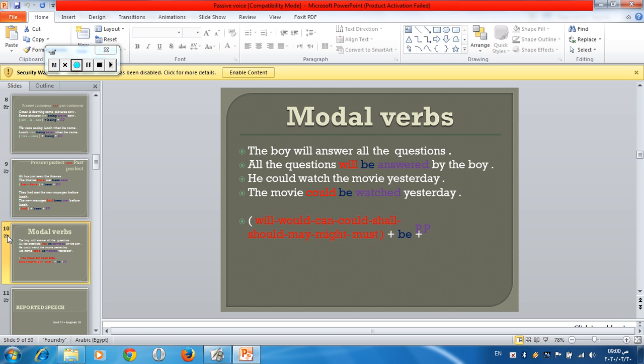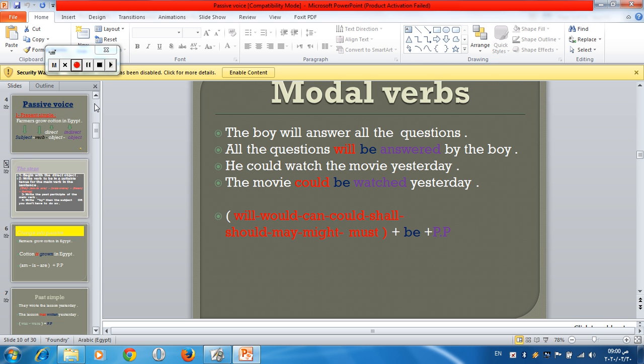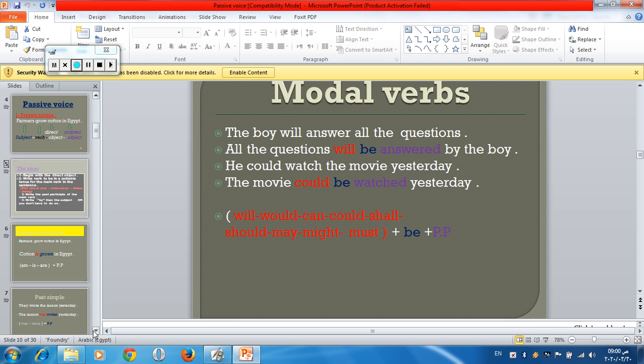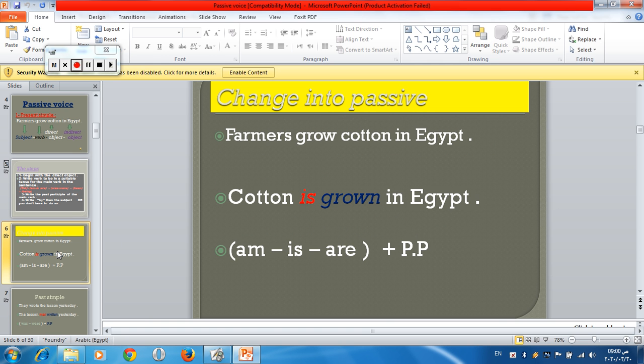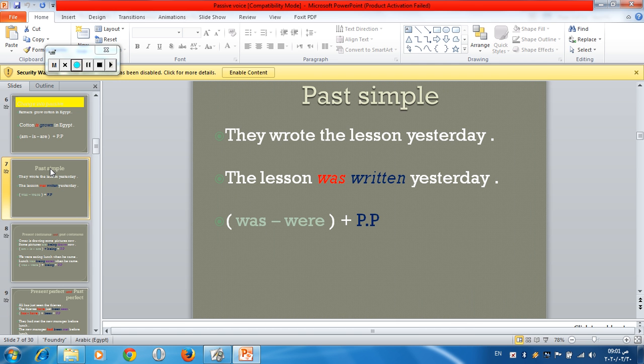So here we came to the end of our lesson for today. I want you to remember again what we said. For example, I started with the present simple, as I told you. Farmers grow cotton in Egypt. So cotton is grown in Egypt: am, is, are plus past participle. After that, the past simple: they wrote the lesson yesterday.